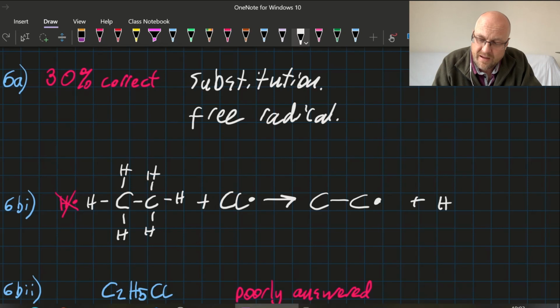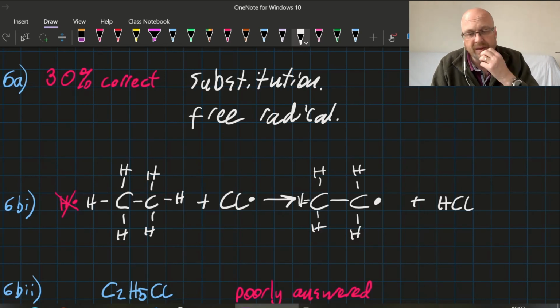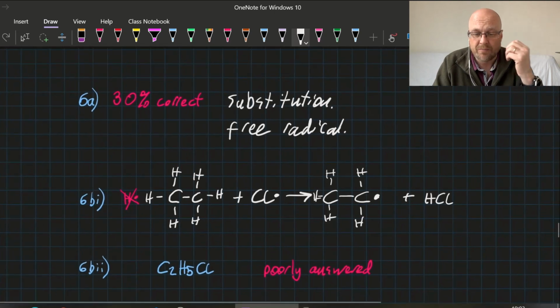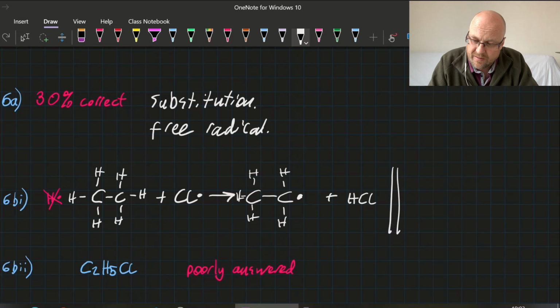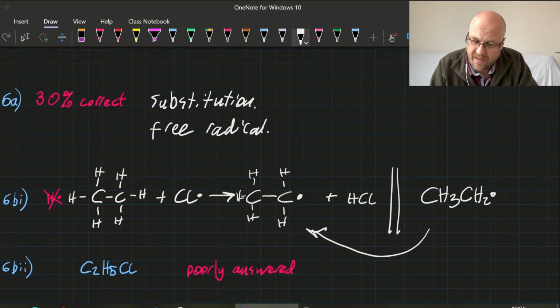I make HCl and I leave that dot, that lone electron behind. So that's one. That's one propagation step. So propagation, a radical goes in, a radical comes out. Let's try another one. Well, let's say I've got this CH3 CH2 dot. That's just another way of writing that.